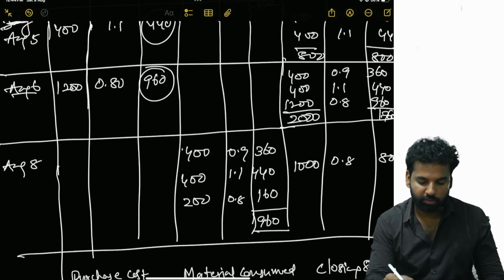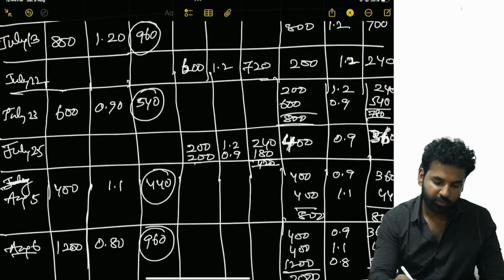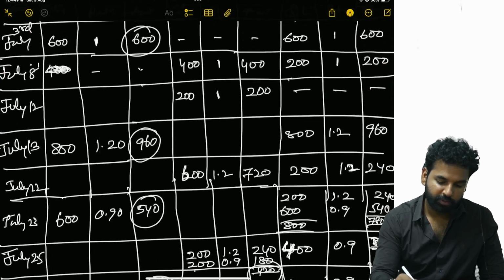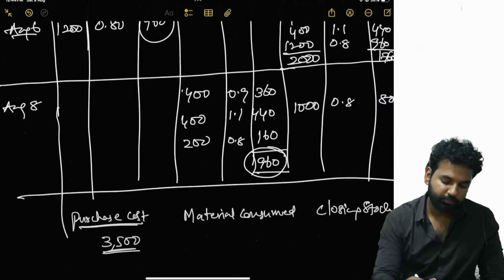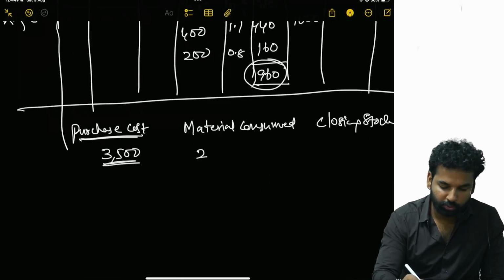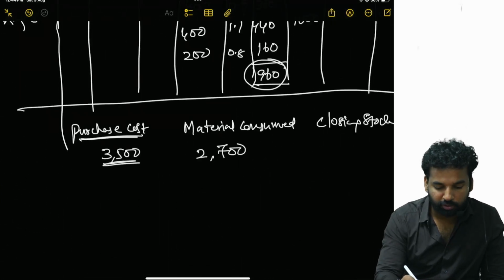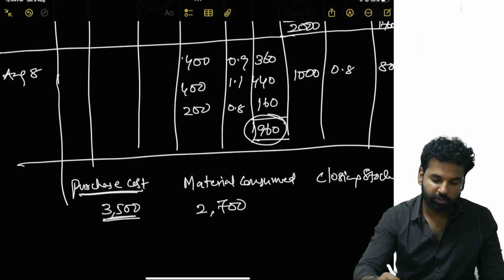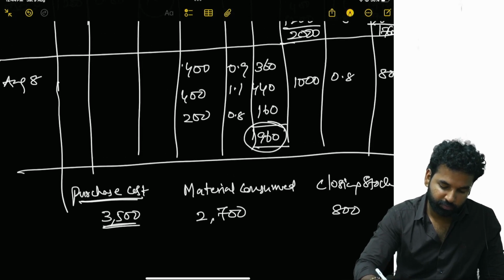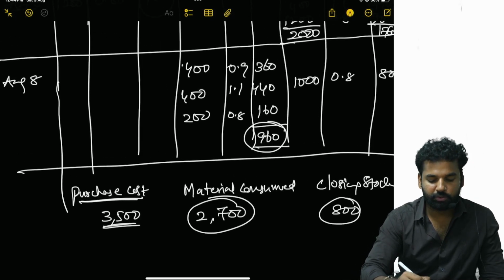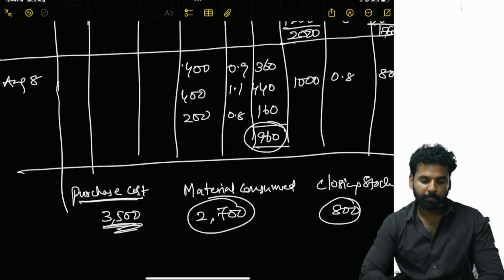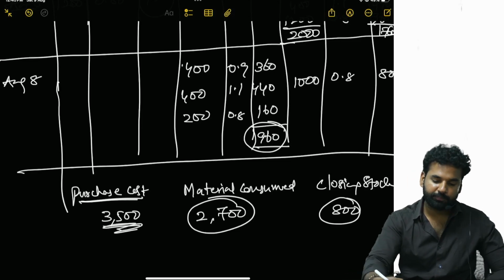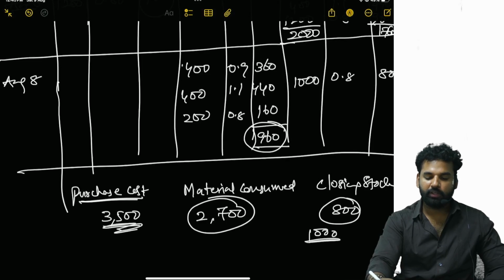What will be the amount of issues? 960, 420, 720, 400, 200. 2700. Okay. What is the closing stock? 800 is the closing stock. Got it? How many units are there? 1000 units are there.